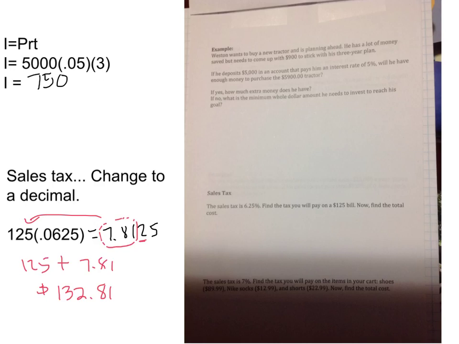Find the sales tax if it's 7% and find the total cost. You should see the sales tax is $8.82 and the total cost is $134.79.